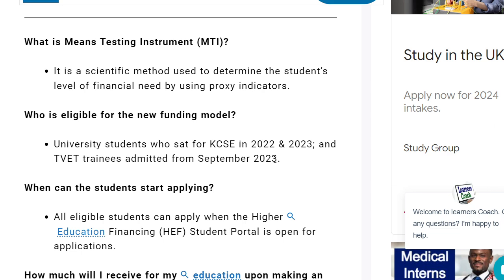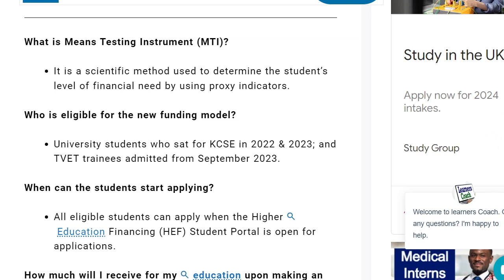You just need to do the application manually, using the old way. But if you're a student who sat for KCSE from 2022, 2023, and of course we are in 2024 onwards, then you are eligible for the new funding model.